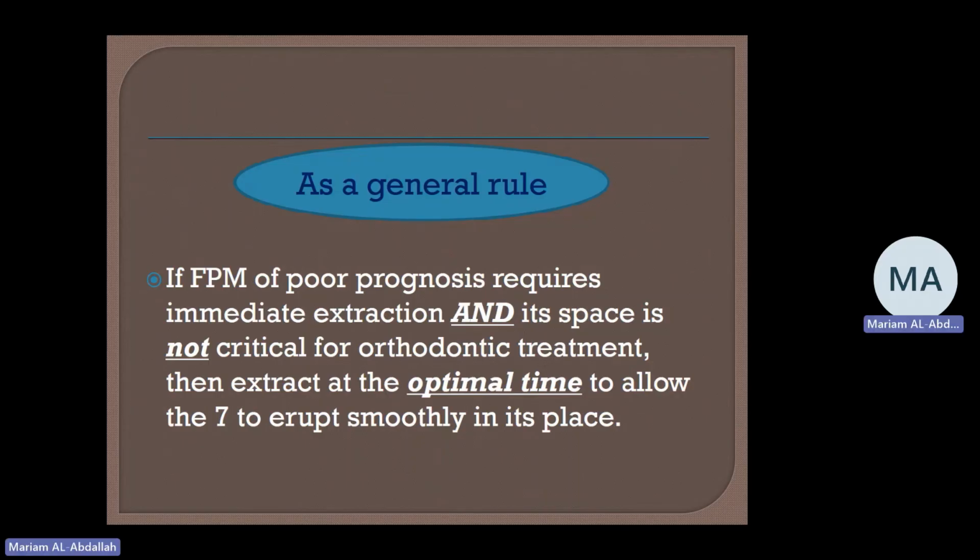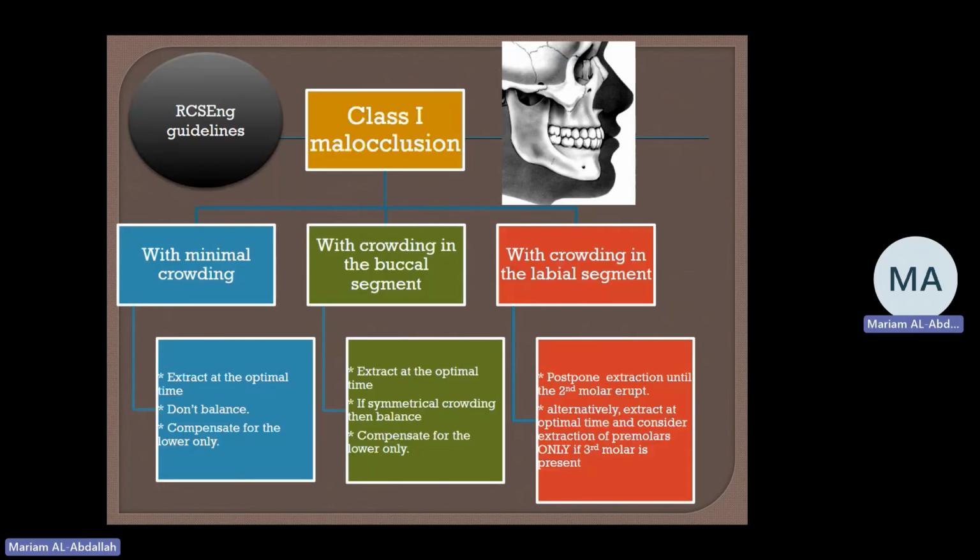Okay, so this is the general rule. If the orthodontist doesn't need this space to relieve crowding or to camouflage the malocclusion, then it's important to choose the optimal time so that the second permanent molar will replace the first permanent molar spontaneously with minimal consequences, no active intervention. Now, let's look at the guidelines related to class 1 malocclusion.